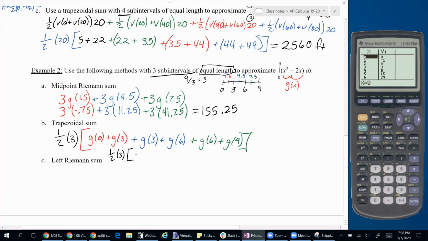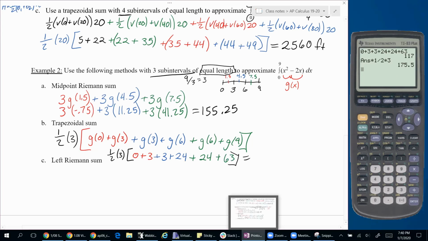G of 0 is 0, plus g of 3 is 3, plus g of 3 is 3, g of 6 is 24, plus g of 6 is again 24, and g of 9 is 63. Simplifying this, we get 175.5.